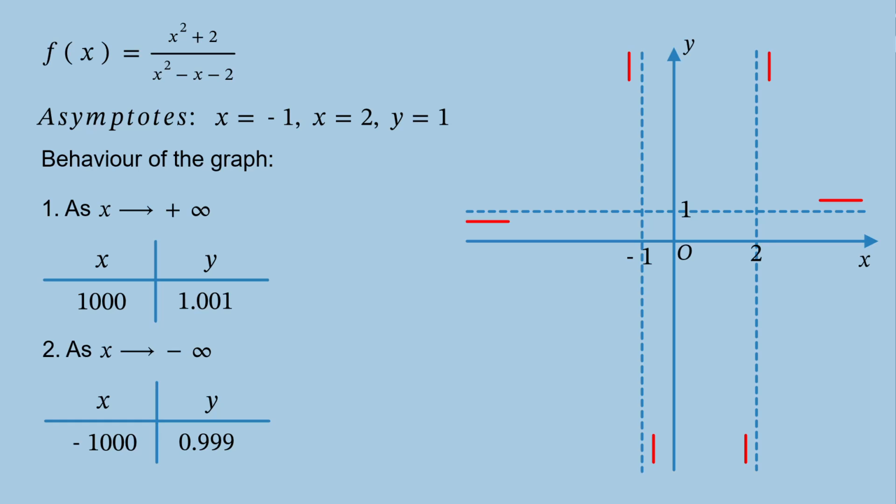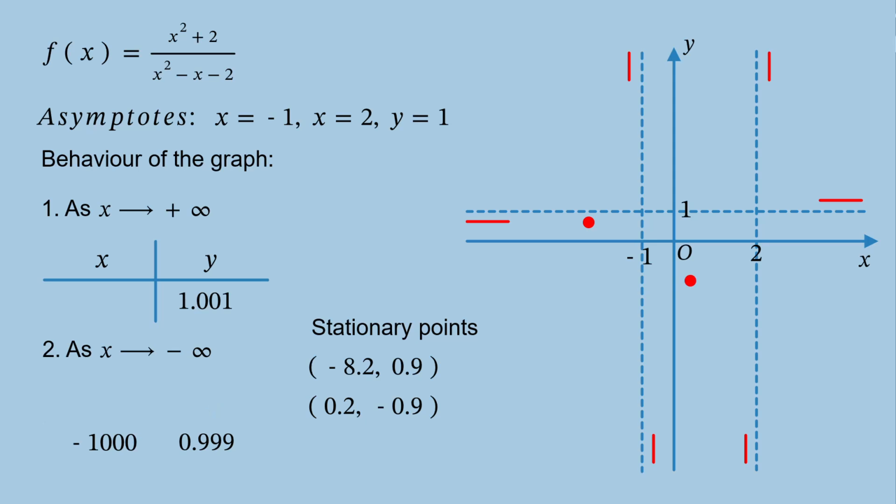We're also considering that on part B, we worked out the coordinates of the stationary points to be at minus 8.2 and 0.9 and 0.2 and minus 0.9. So we know that this graph will have a couple of stationary points. So eventually, with these markers, we will have our curve like this.